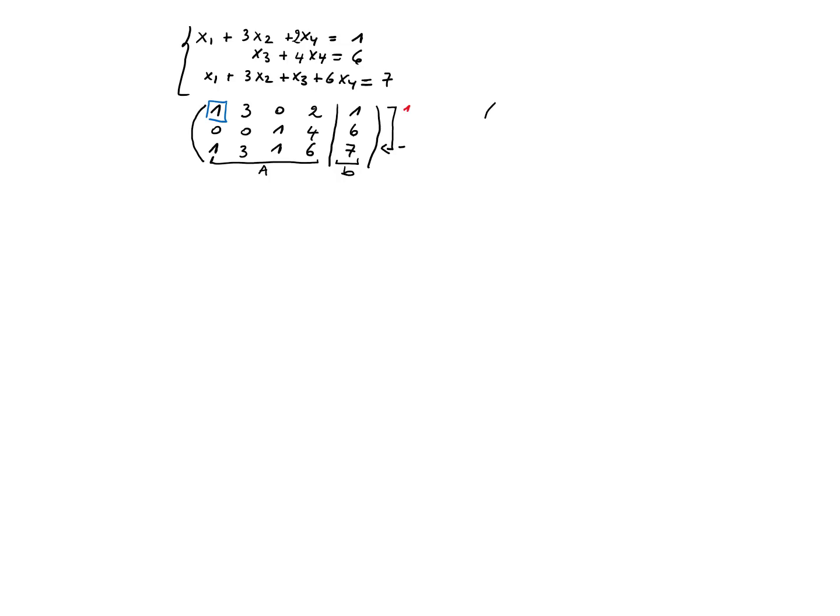So the next matrix is 1 3 0 2 1, we have 0 0 1 4 6, and we'll have 0 0 1 4 and 6. Okay, so we had our pivots over here.